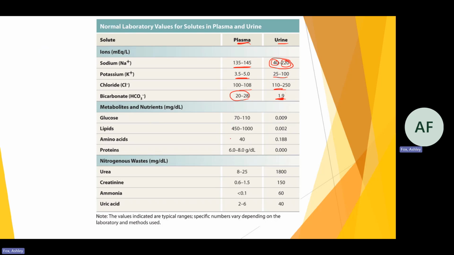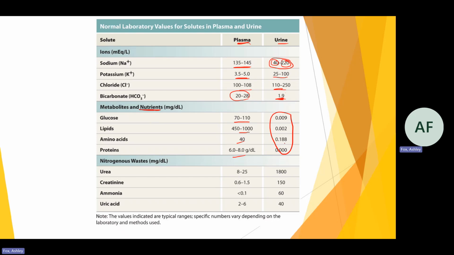Glucose, lipids, amino acids, proteins. So these are the major nutrients. We always said we're going to reabsorb and keep our nutrients. We don't want to get rid of them because we can use them inside our body. So we have our ranges for glucose, lipids, amino acids, and proteins, but look at them in urine. Minuscule, still pretty tiny, nothing.